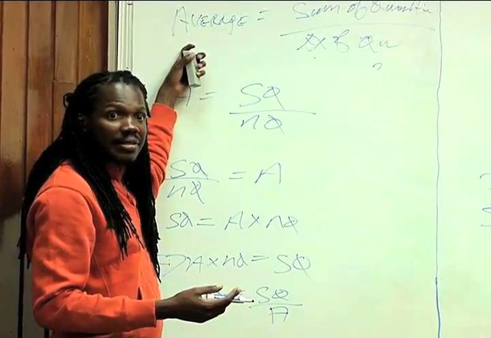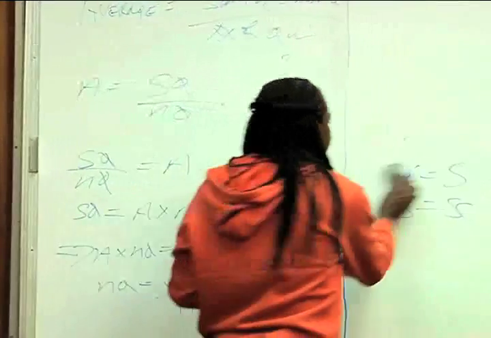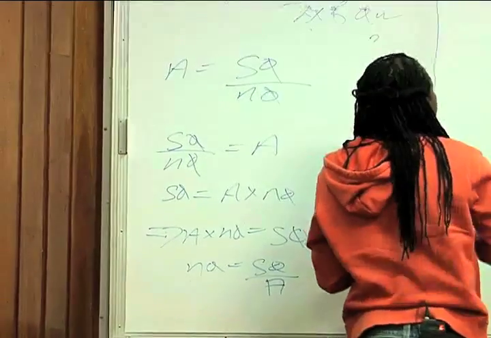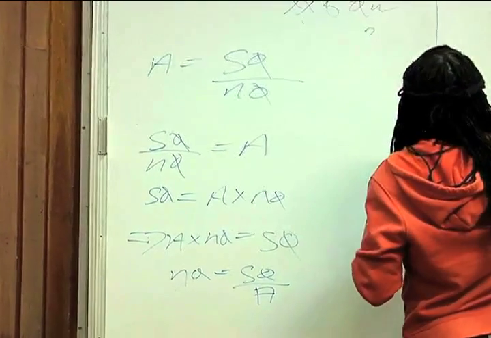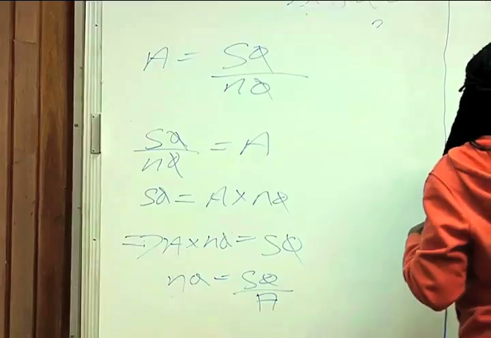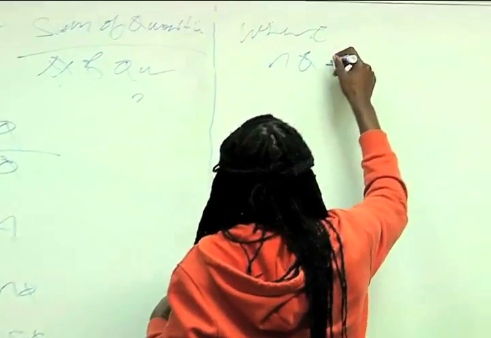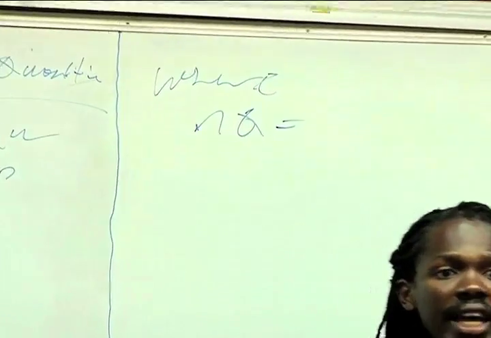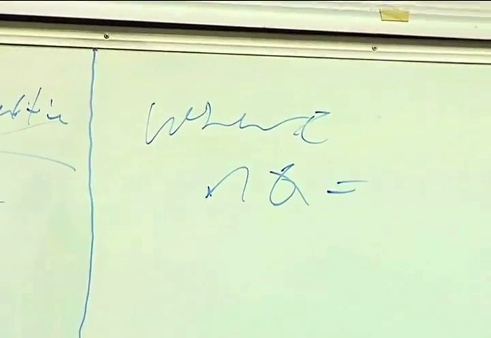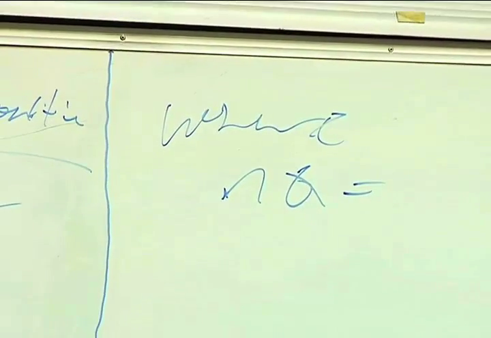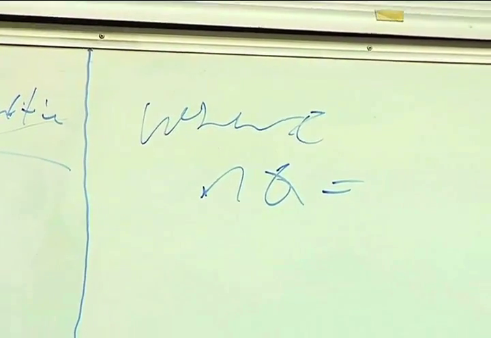Everybody understand? So tell me the numbers now. In this case, NQ equals what? Where do we get NQ from in the question?